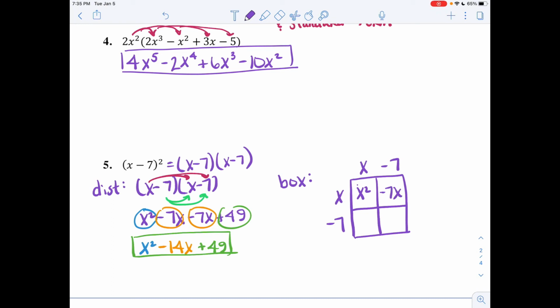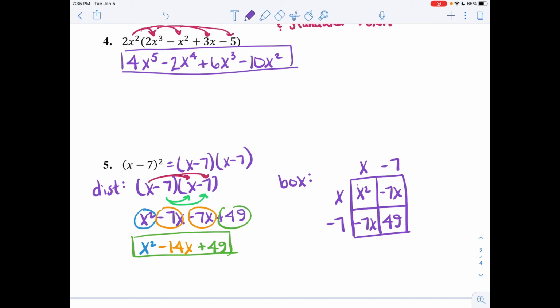Then I have an x times another negative 7. That's going to give me that second negative 7x. And then finally, negative 7 times negative 7 is a positive 49. Notice that these 4 terms are the same as these 4 terms that we did in the distribution method.